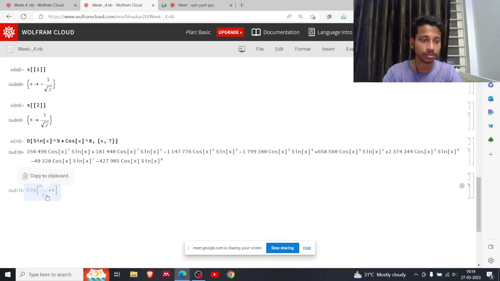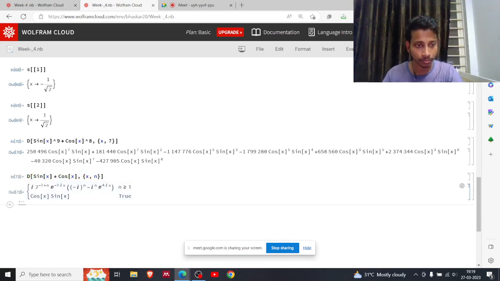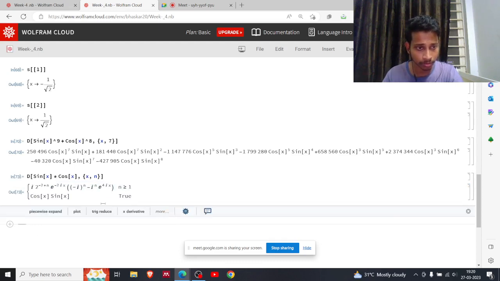So if we replace this with sine n pi by 2 plus x. Now if we change the function to sine x multiplied by cos x, we get this kind of solution.